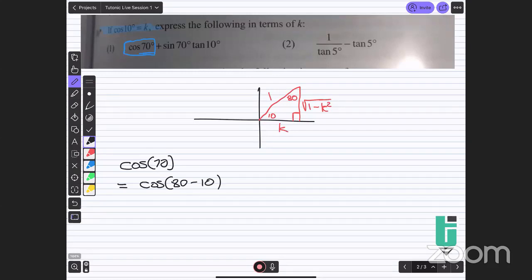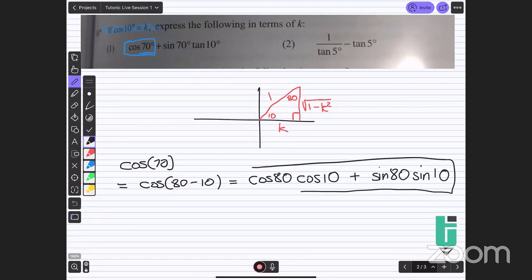If we apply the cos compound angle identity, that's cos 80 cos 10 plus or minus? Plus. For cos, it's always the opposite. For sine, it's the same.